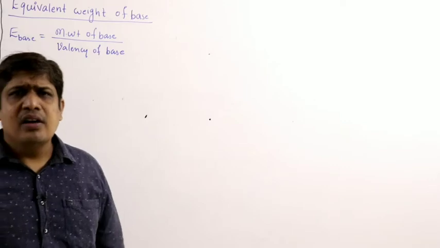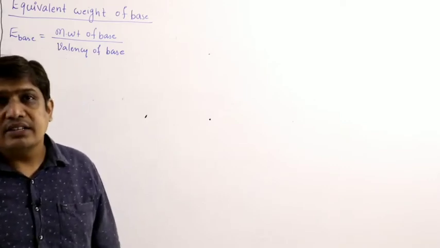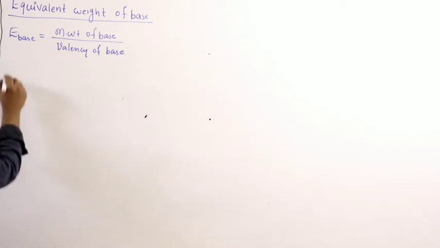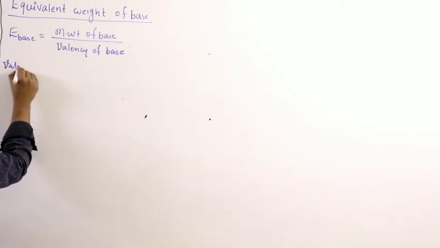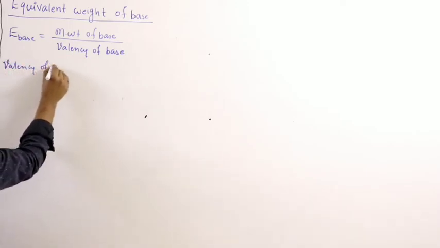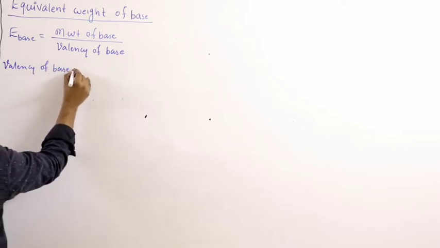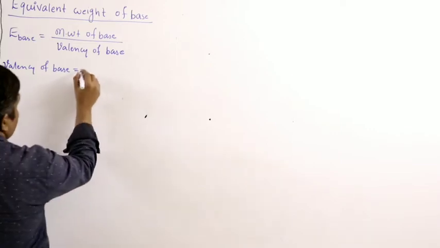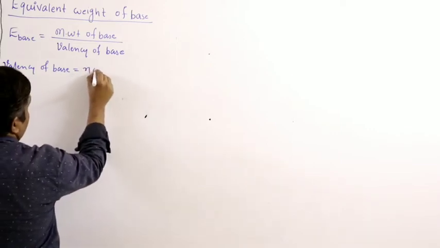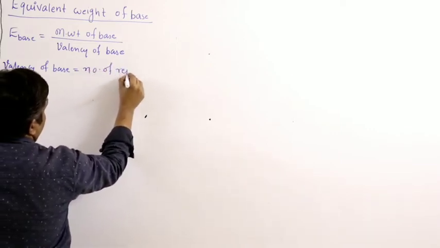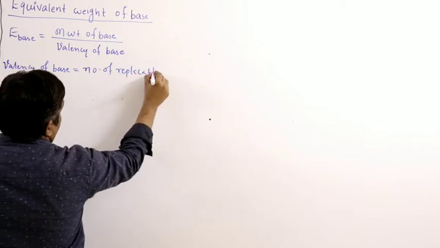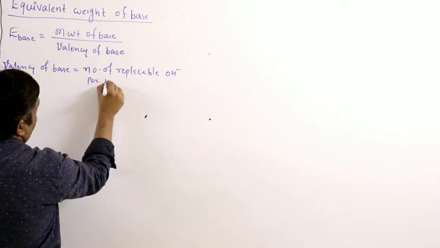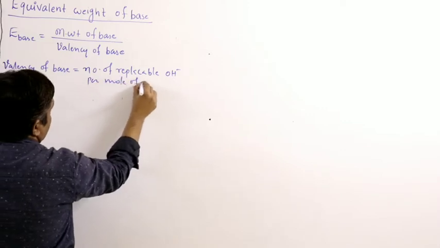So, n factor is nothing but valency, which depends upon the nature of reaction. N factor or valency of base is nothing but the number of replaceable OH minus ions per mole of base.